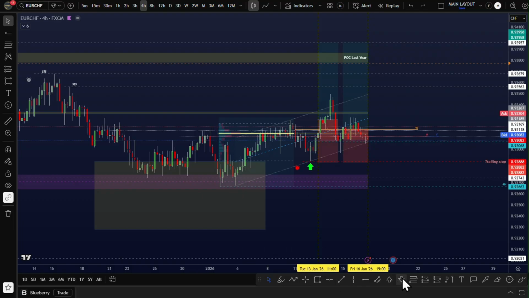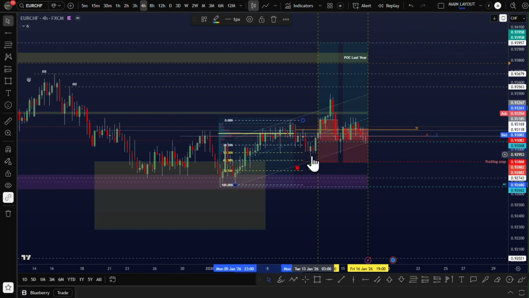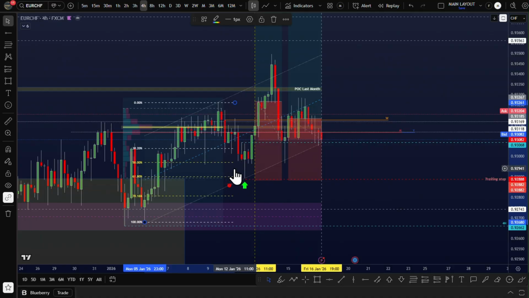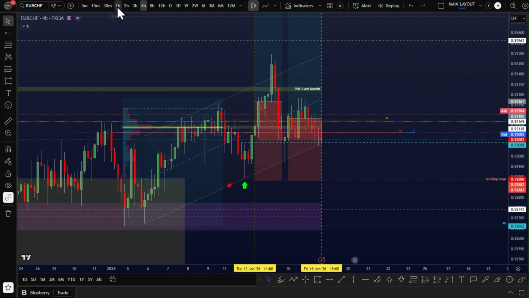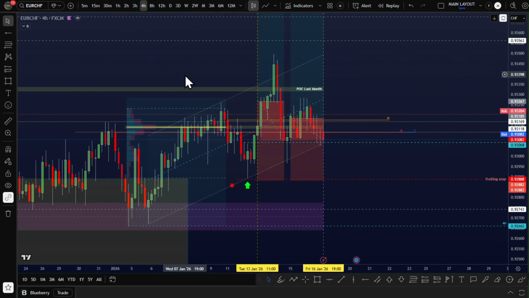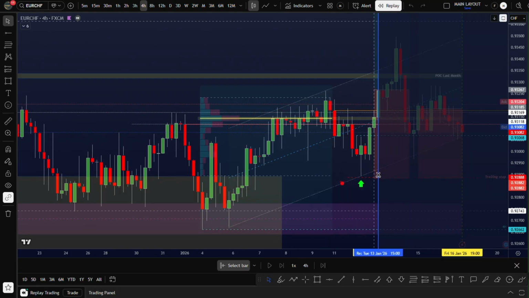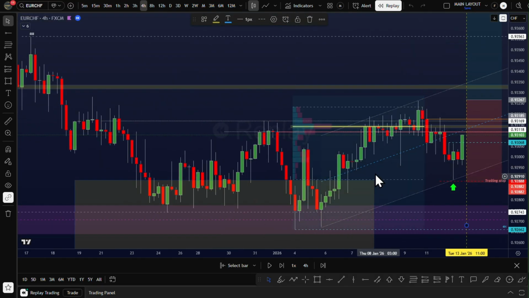So I was looking at the same thing, from this low to this high, waiting for price to return around the discount zone to confirm an entry in a lower time frame, in 1 hour. So let me play my replay bar.